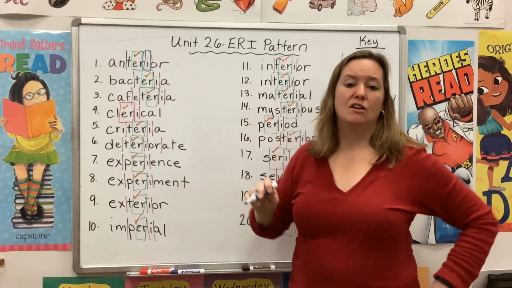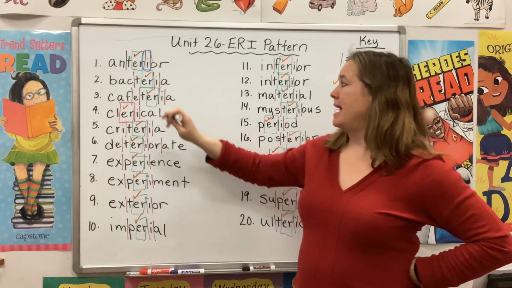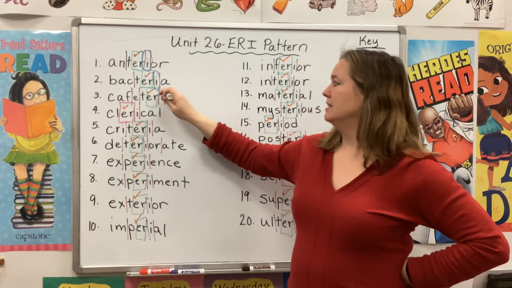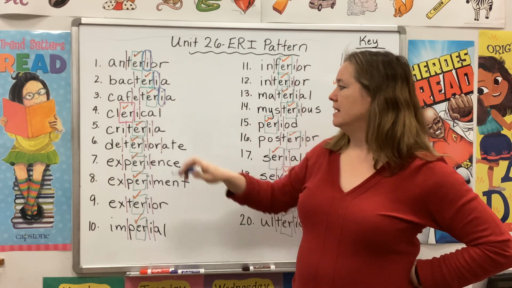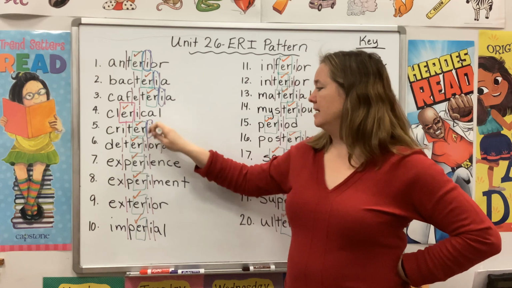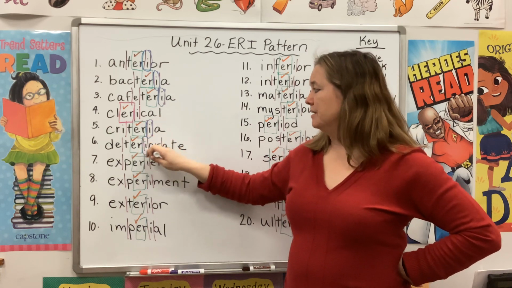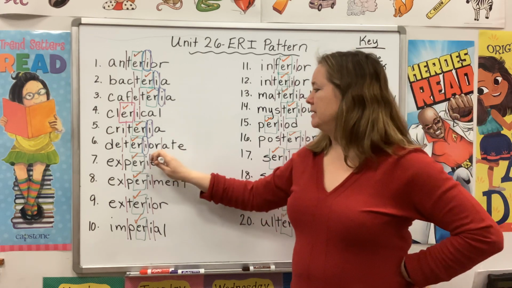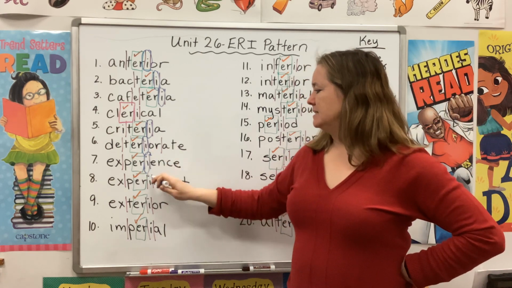Anterior sounds like a long E. Bacteria. Cafeteria. Skip number 4 for a second. Criteria. Deteriorate. That's a lot of syllables. Experience.